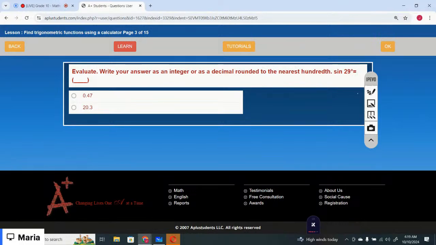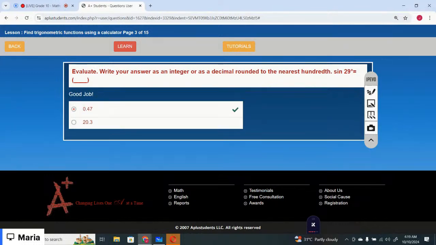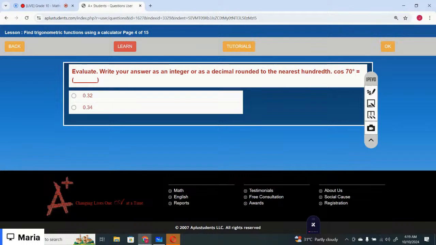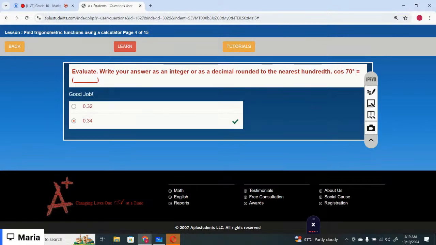The correct option is 0.47. Option number 1 is the correct option, right? Okay, the next one is evaluate cos 70. So cos 70 equals 0.34. Option number 2 is the correct option, that is 0.34.